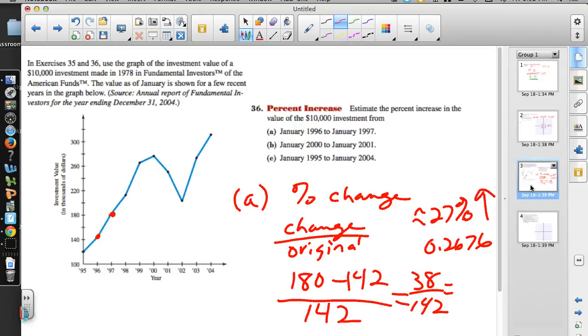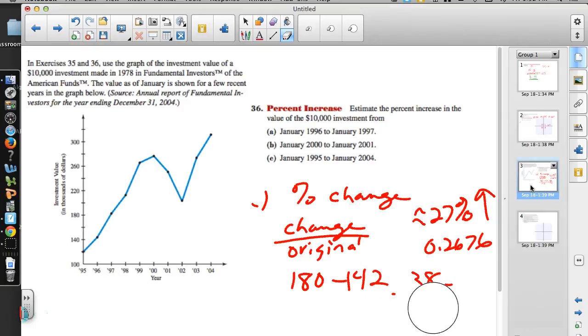I'm just going to use an upwards arrow for increase there. So about a 27% increase. Like I said, it's much easier to see these on the smart board. When I read this off in class, just looking at my book, it was so tiny it was hard to figure out where those individual dots were really placed. All right, now I'll erase this one and go after B.